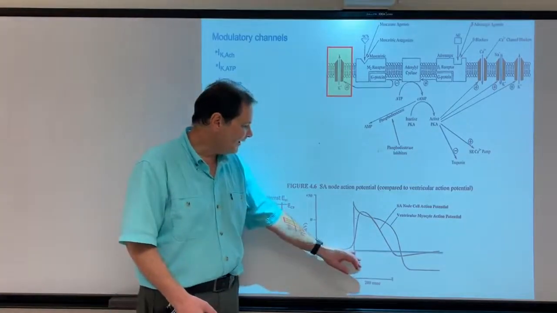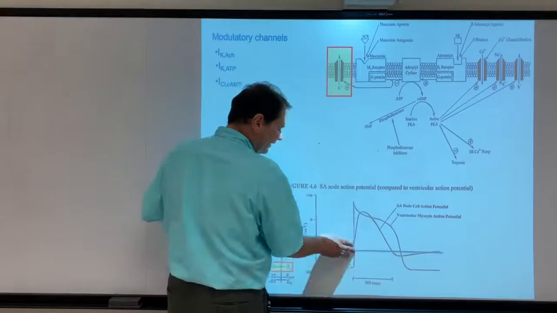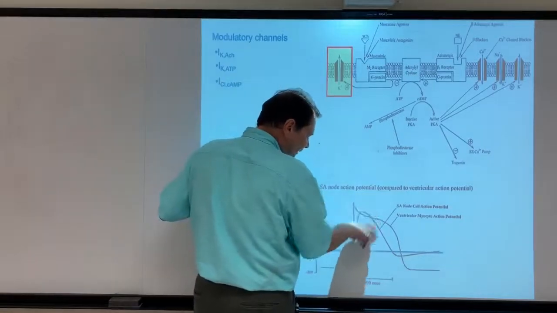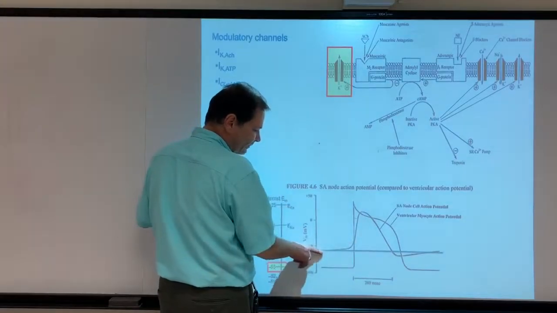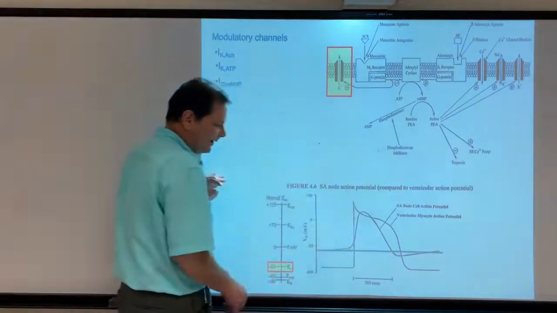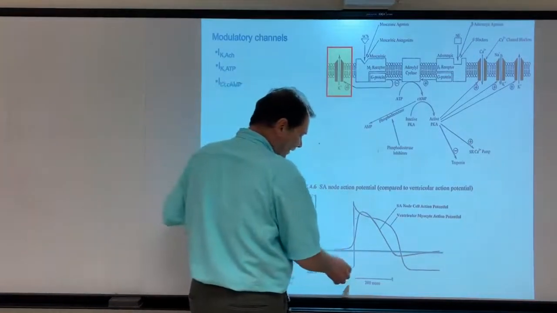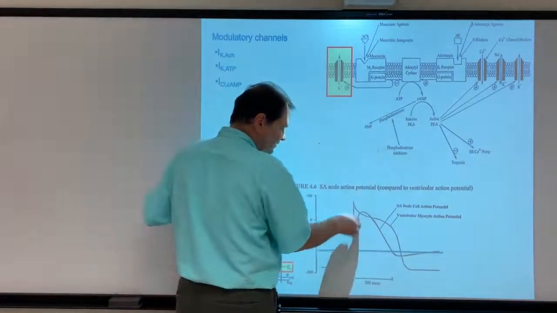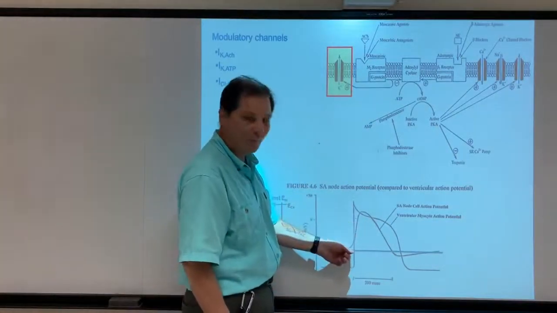And then what that also does, and this is probably the more important of the two effects, is that once your phase zero crosses this equilibrium potential, the current goes from inward to outward, where instead of pulling your voltage up, it's actually pulling your voltage down once your voltage gets beyond this point.